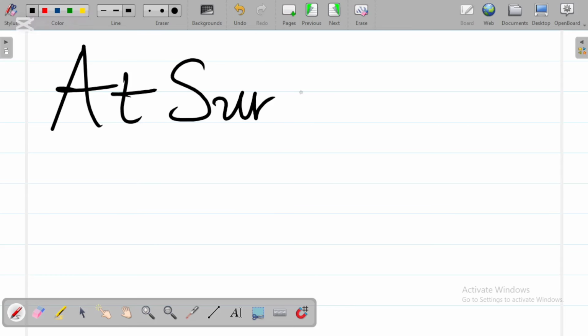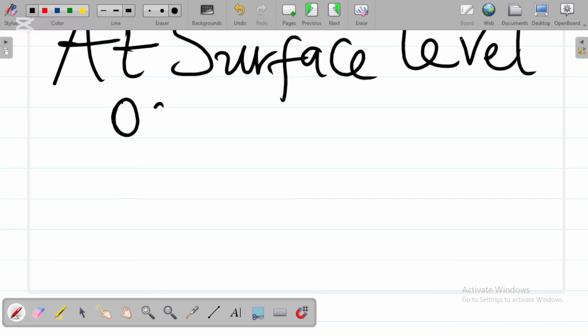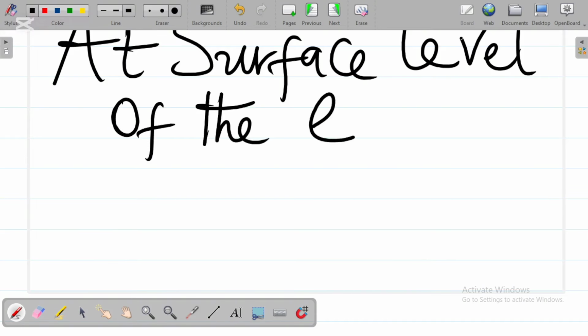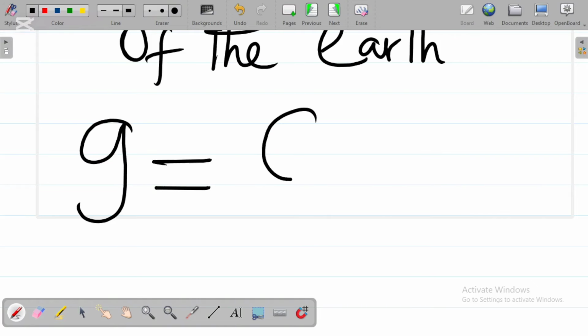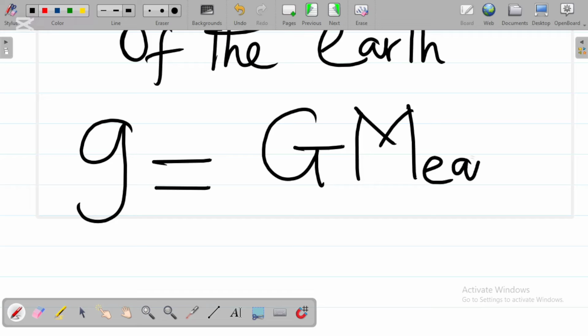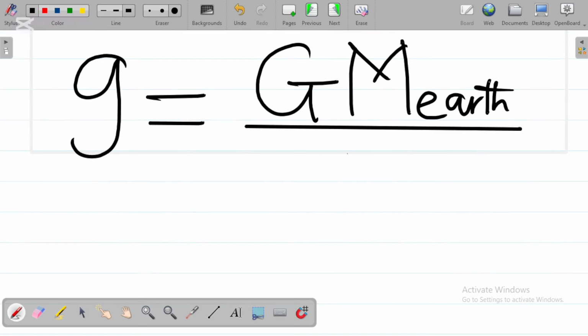At surface level of the earth, acceleration due to gravity G is equal to gravitational constant multiplied by the mass of the earth all over the radius of the earth raised to power 2.